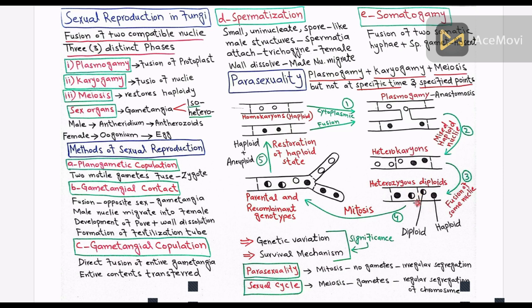The next step is mitosis, in which heterozygous diploids and homozygous diploids undergo mitosis, and there are different parental and recombinant genotypes.